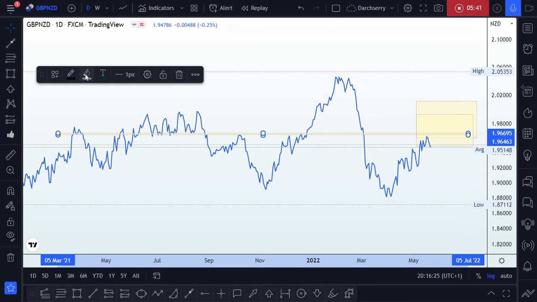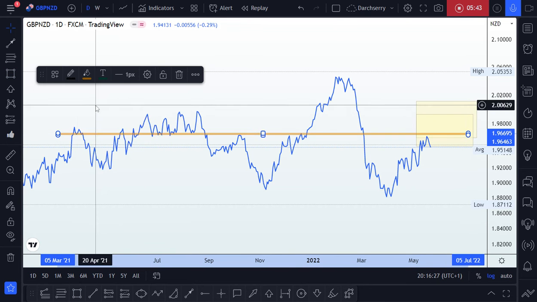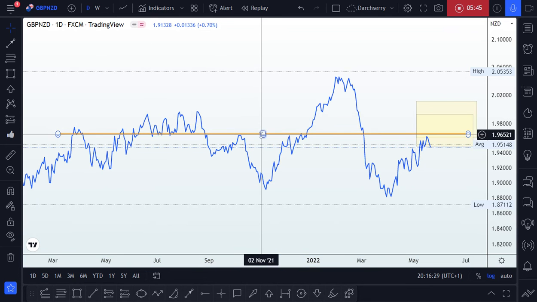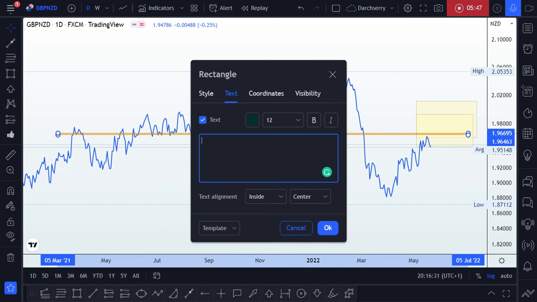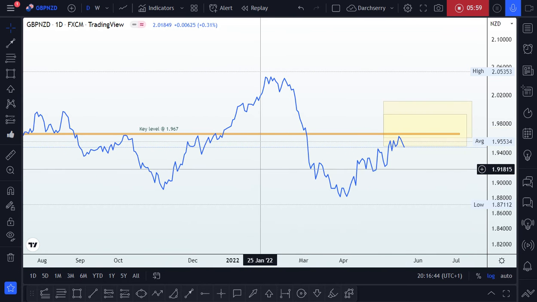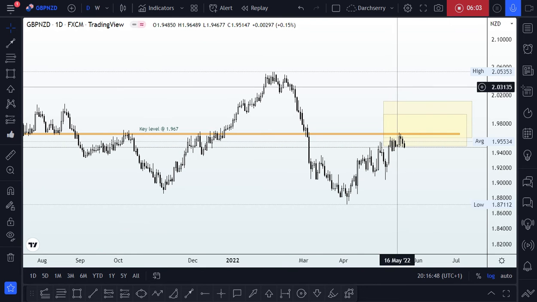Yes, 1.96700. So we have it around here. Allow me to label this area key level at 1.967. Let's place it right at the top. So we have something like this we will be using to guide our actions going forward.